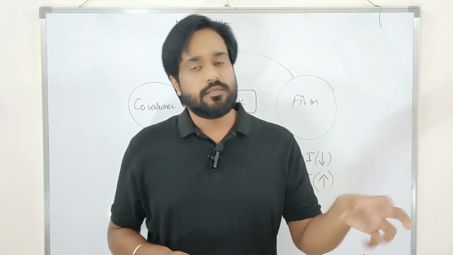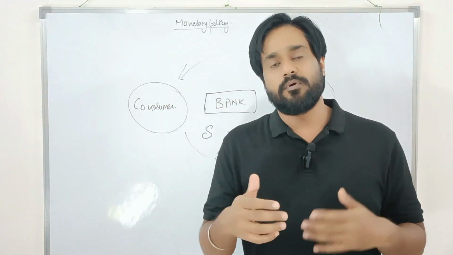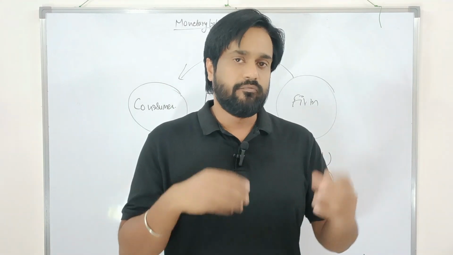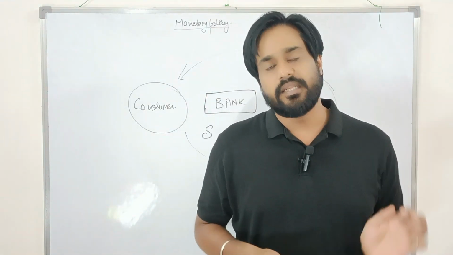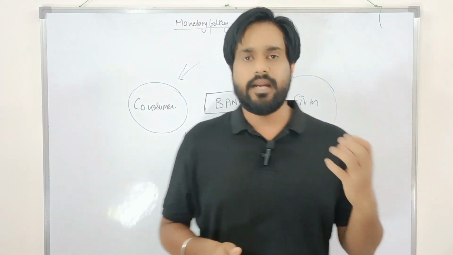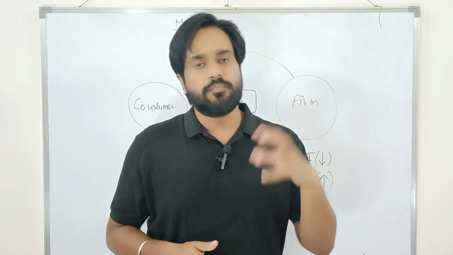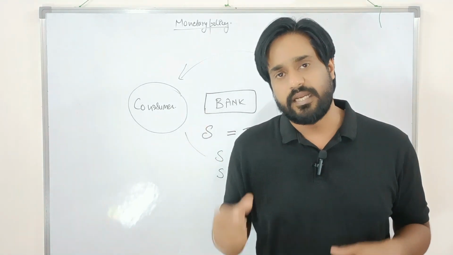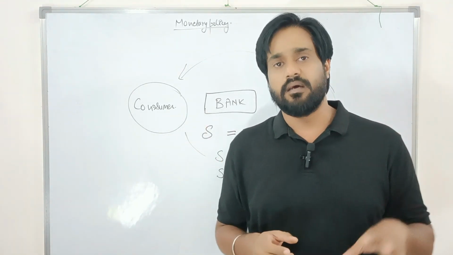They just buy the product, and when they buy on a large scale, the producers who sell their products increase their supply and increase their prices to capture the profit. That's why inflation occurs.